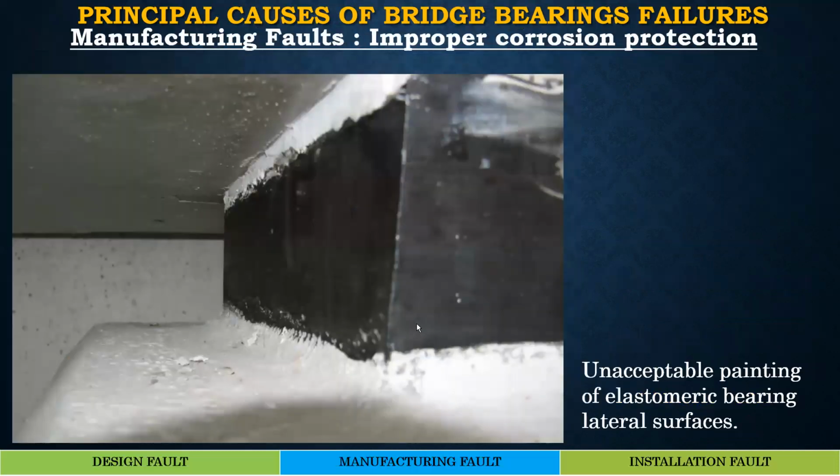Now, coming to corrosion protection, this slide shows that the painting in the superstructure and the pedestal has covered the elastomeric bearing also, which is totally unacceptable. For elastomer, every paint cover may be very dangerous for material behavior, especially when it contains aggressive agents for the rubber.